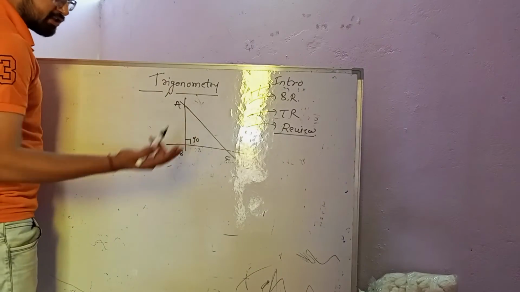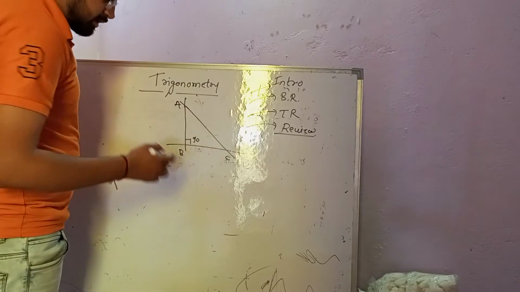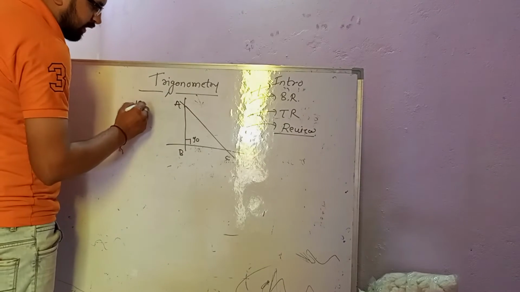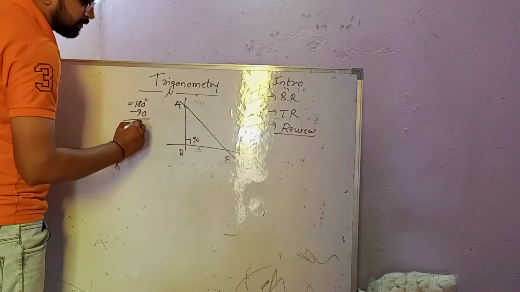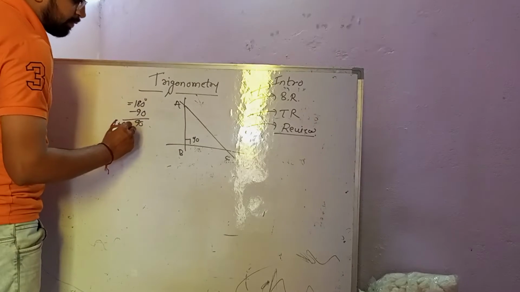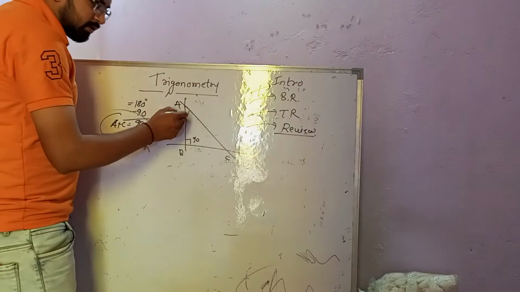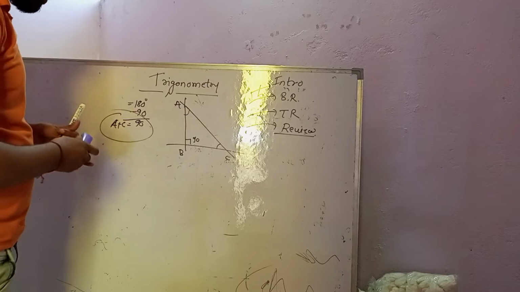As we know, the sum of all the internal angles of a triangle is equal to 180 degrees. If you are taking one as 90 degrees, the sum of the others, angle A plus angle C, will be equal to 90 degrees. So we can say that both angles are complementary, or acute also you can say. So this information we are getting. Okay.